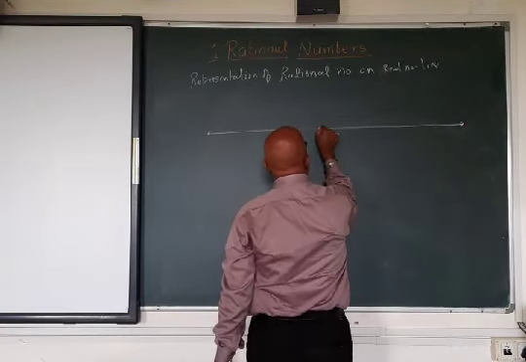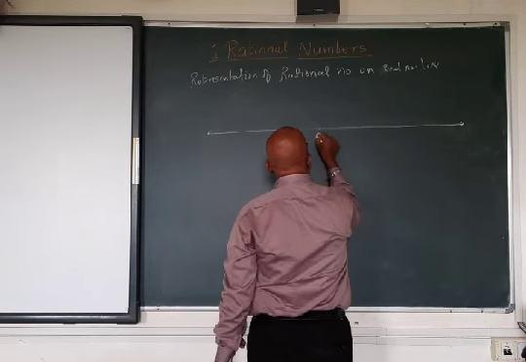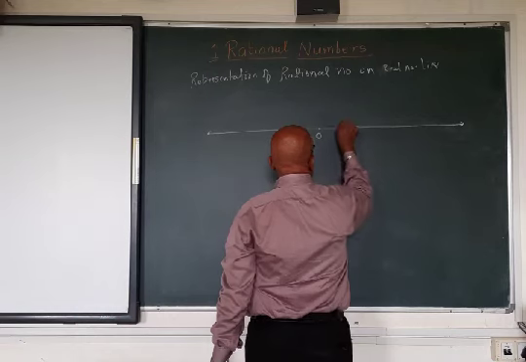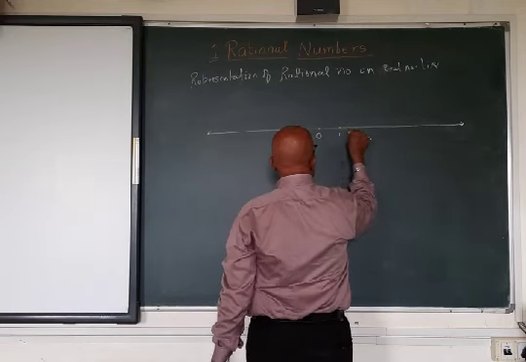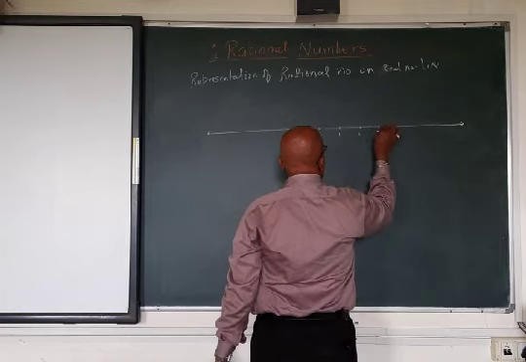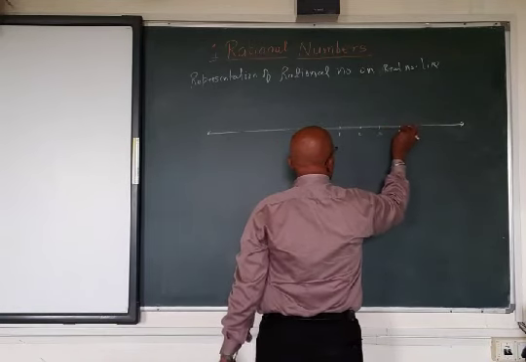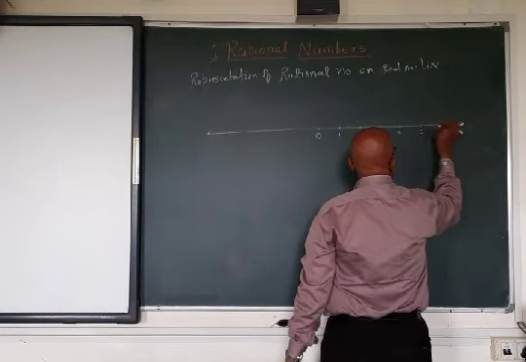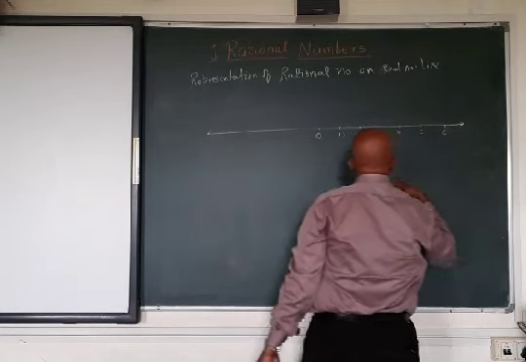Approximately here at one place we will take 0, and on one side, as we know, it is 1, then 2, 3, 4, 5, 6.